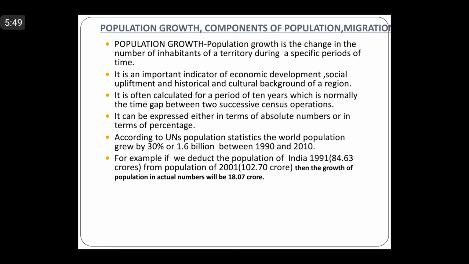We have taken 2 persons in 100, 2% for every 100 persons. So 100 into 100, 1000, so 20 persons have increased for 1000 persons, and 1000 will be the base population. So this is referred to as the annual growth rate.